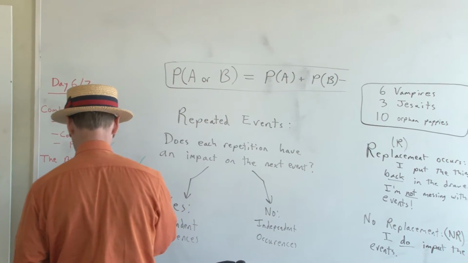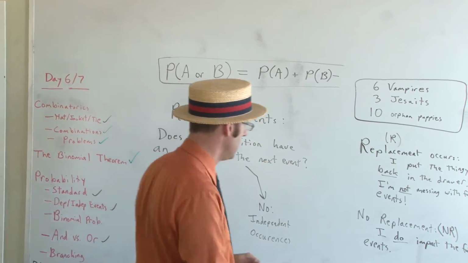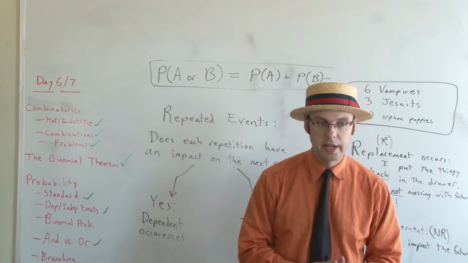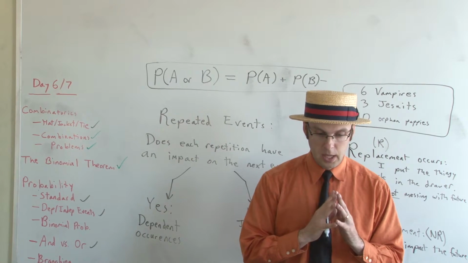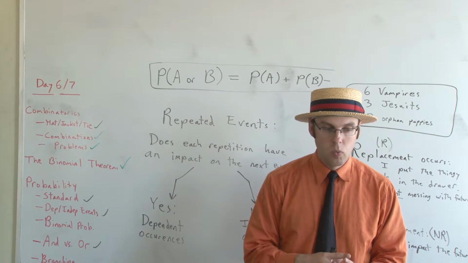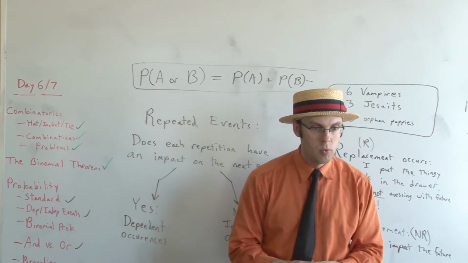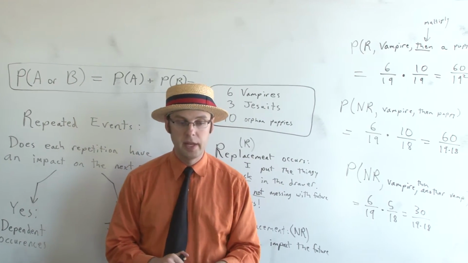Now, I want to introduce you to a somewhat shocking idea, and that is: what if I don't put this little order word in here? What if I don't care about getting a vampire then a puppy?